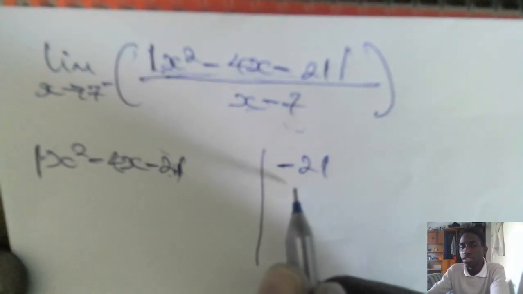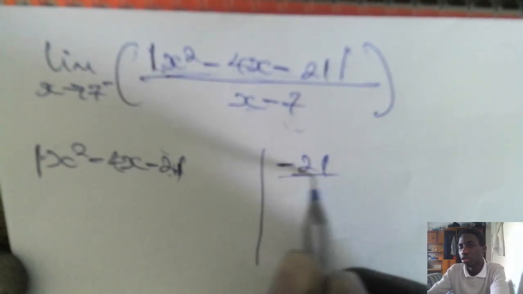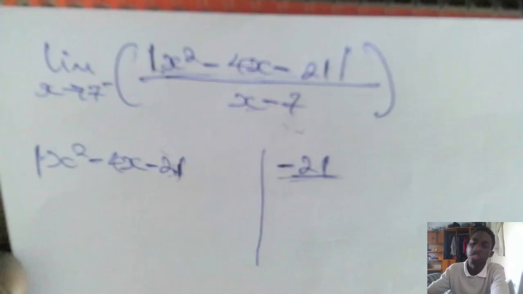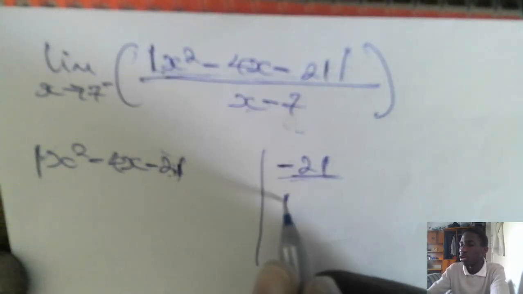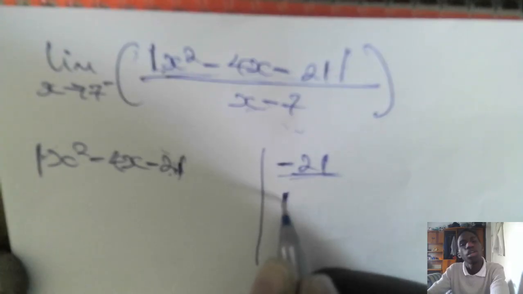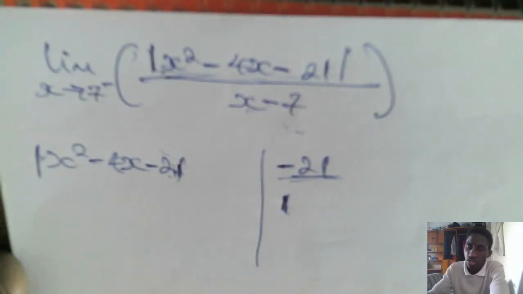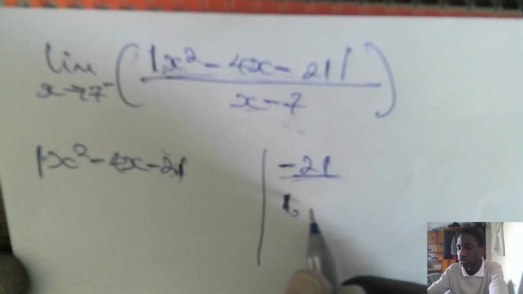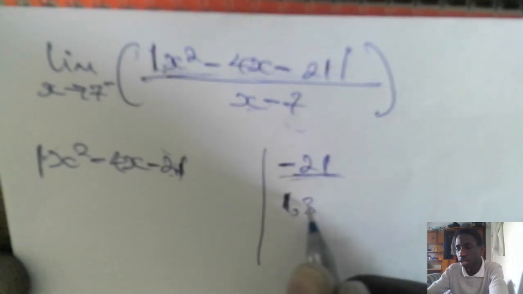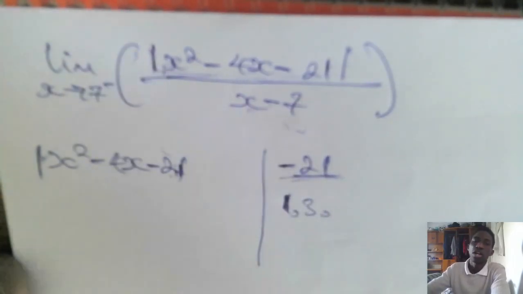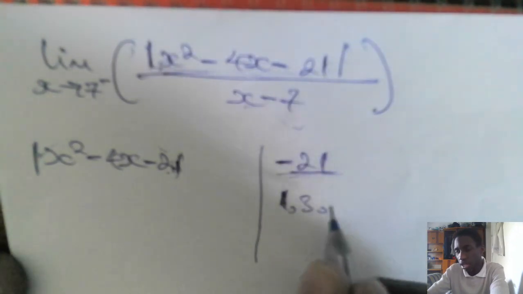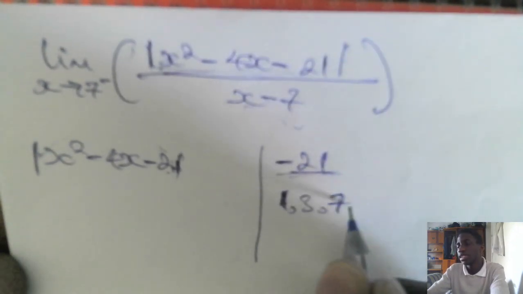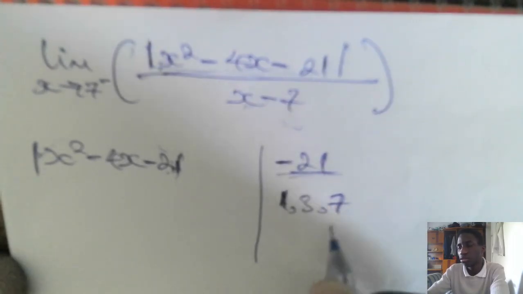We then go on to list the factors of 21. 1, 3 can go 7 times. 4 can't go, 5 can't go, 6 can't, 7 can, 8, 9, 10, up to 14.